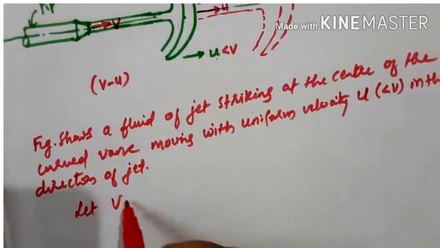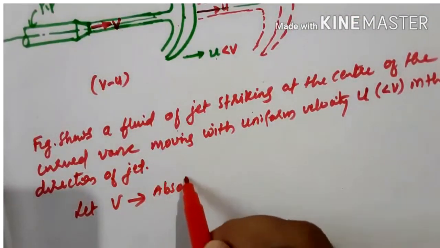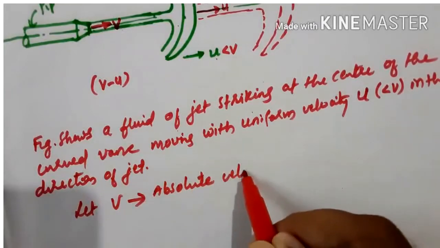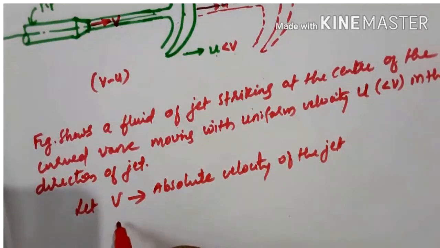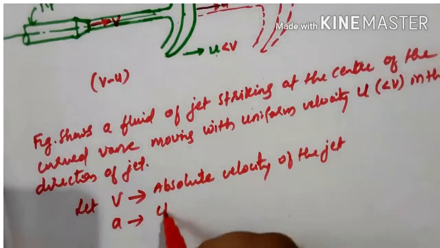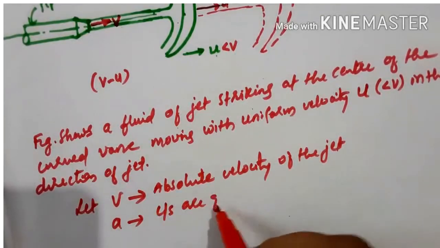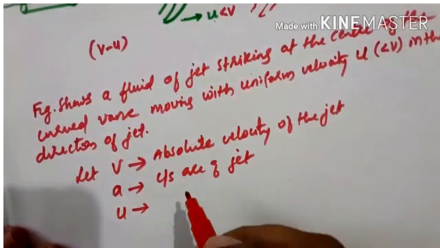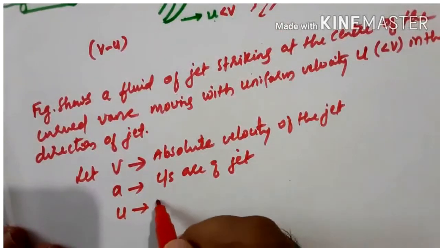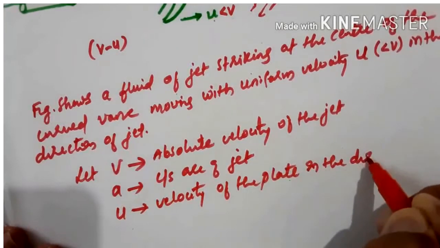Let v represent the absolute velocity of the jet, a represents the cross-sectional area of the jet, and u represents the velocity of the plate in the direction of the jet.